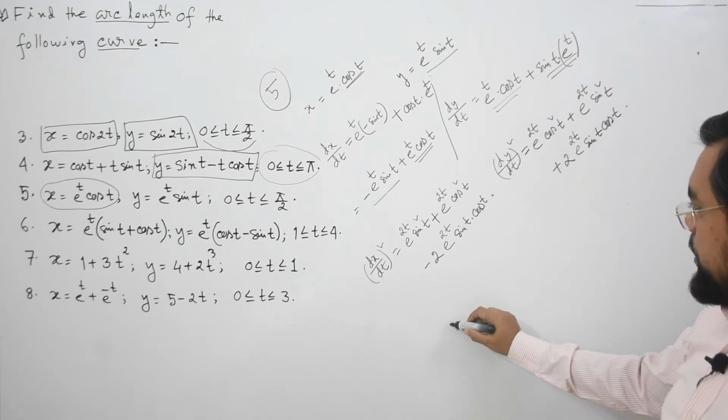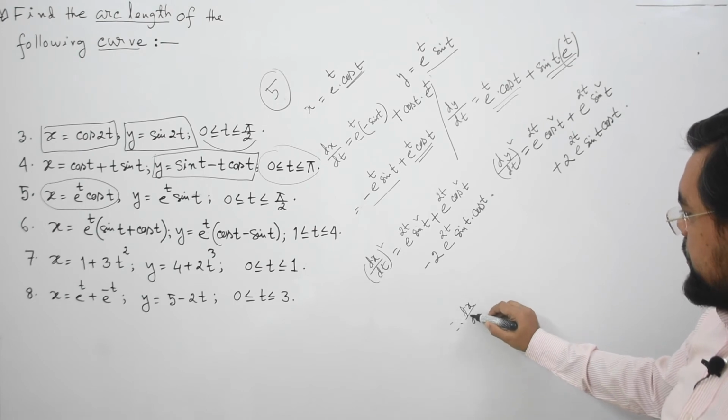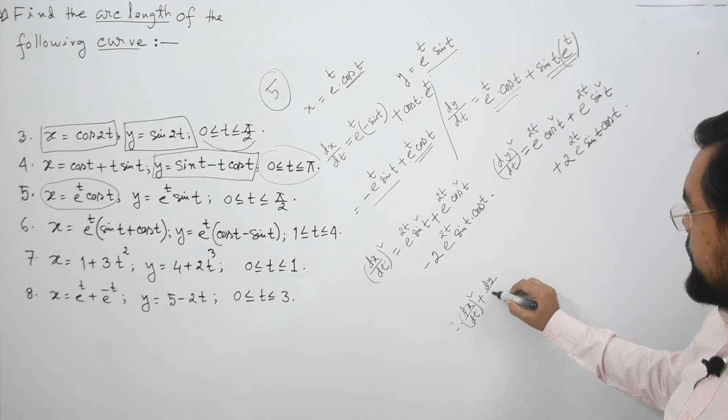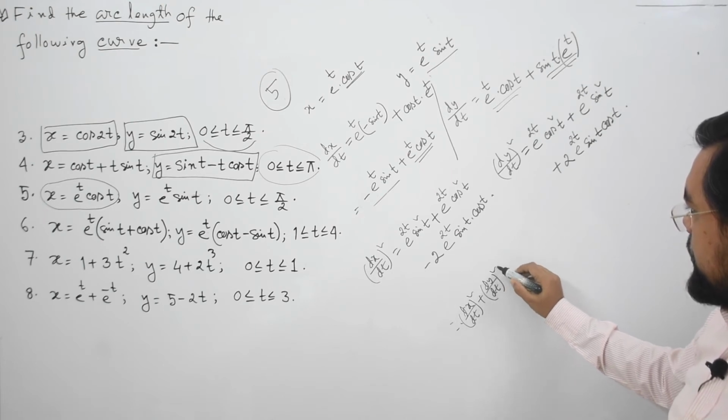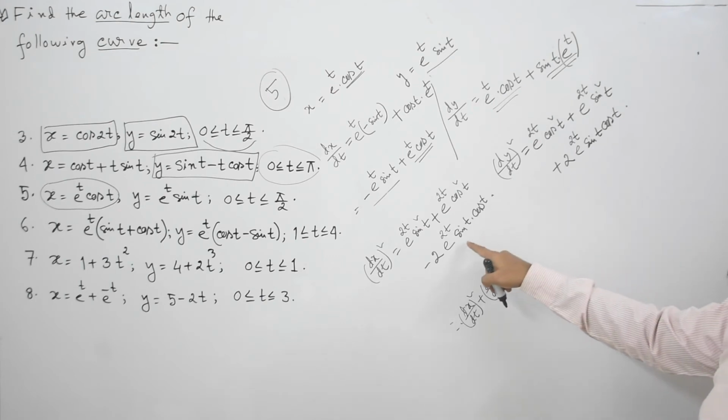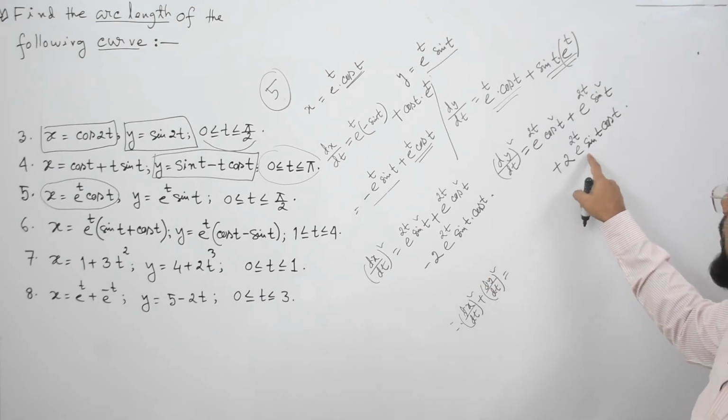Now if we add (dx/dt) square plus (dy/dt) whole square, then this term and this term will cancel.